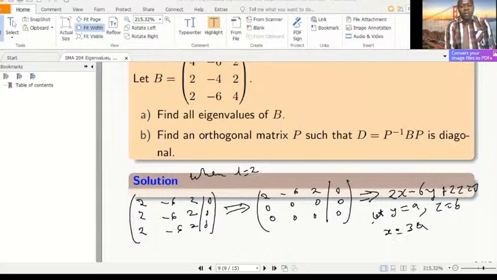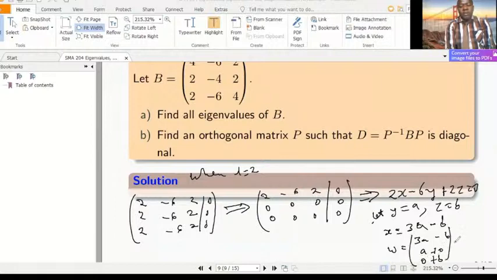When I take the other side, 6 divided by 2, and then this will be negative b. So what about x? x will be 3a minus b. And y here is a plus 0, and z here is b plus 0.